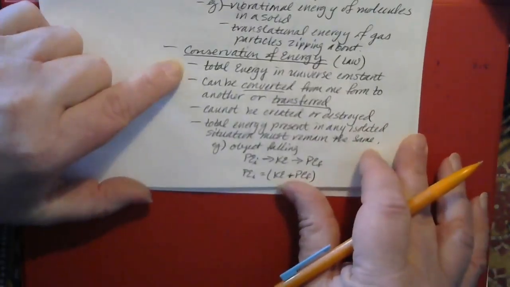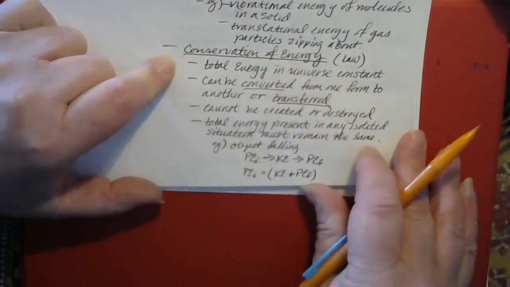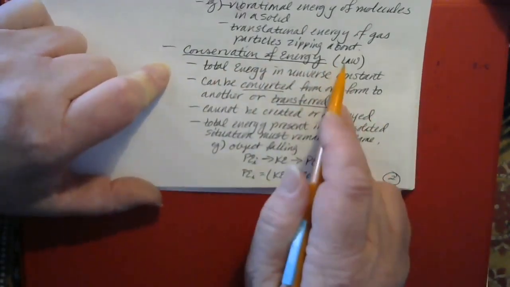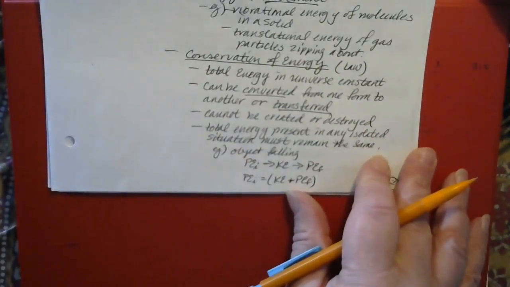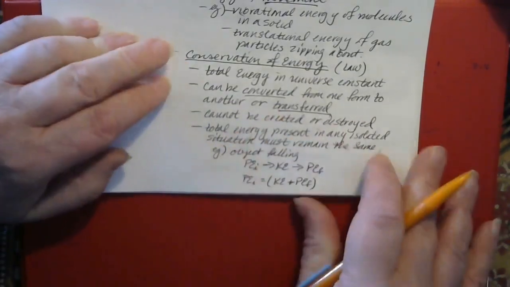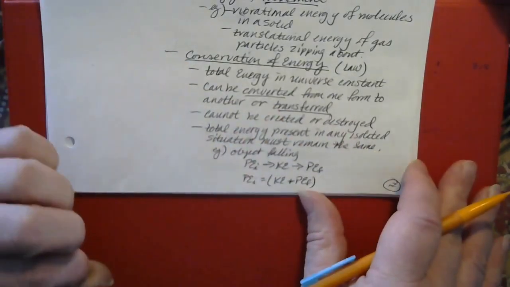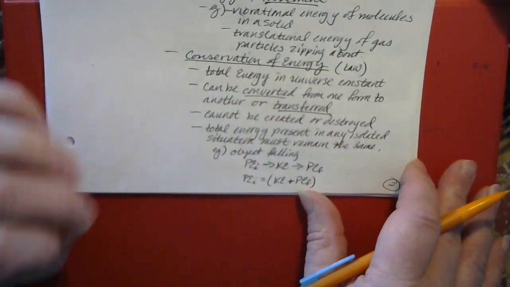Whenever we're dealing with energy, an important concept that we always have to obey is conservation of energy. Got to obey it because it's the law of conservation of energy. It's similar to the law of conservation of matter, in that for conservation of energy, the law goes to the effect that the total amount of energy in the universe is constant.